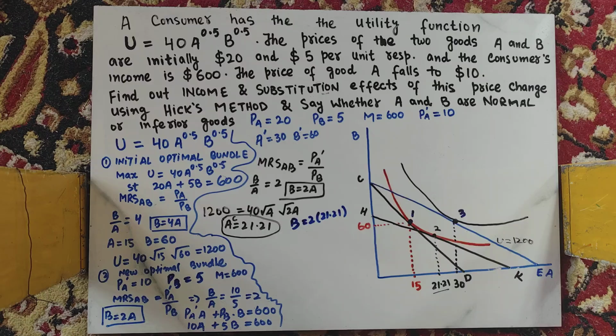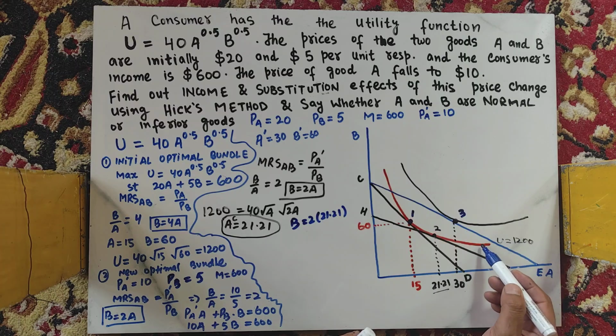So we found the initial bundle, final bundle, and compensated bundle. This compensated bundle was only used to decompose the price effect into income effect and substitution effect. So how did we find this?